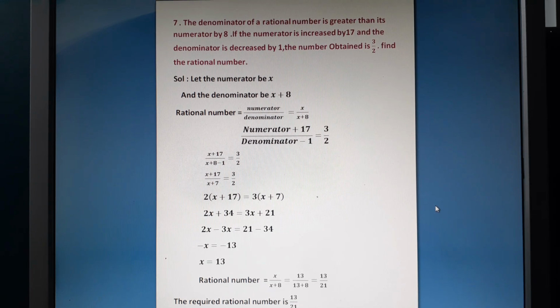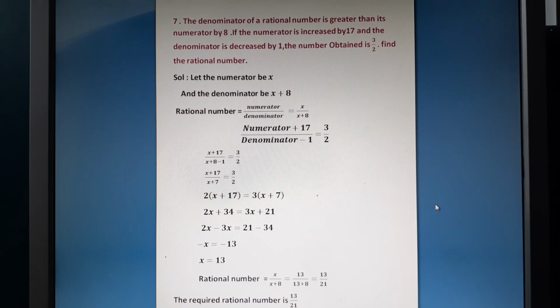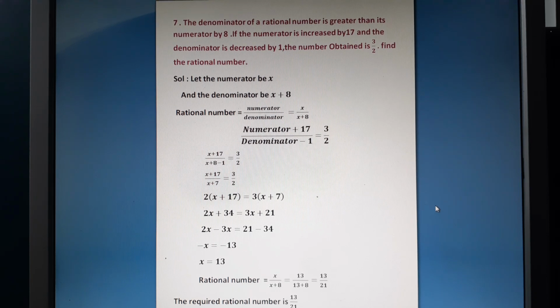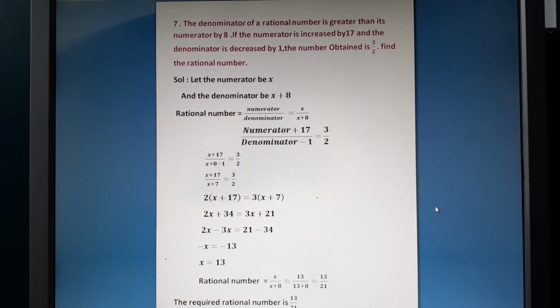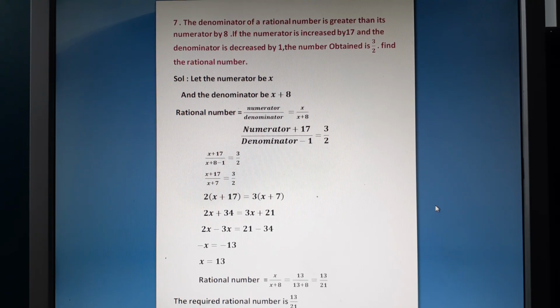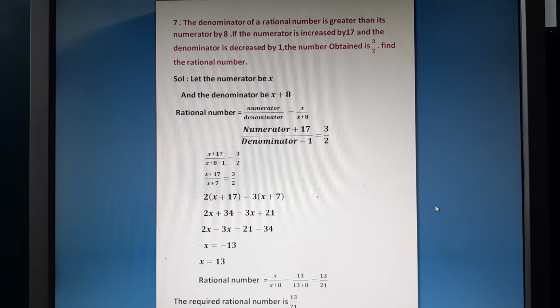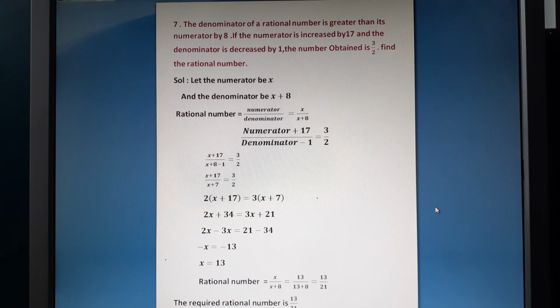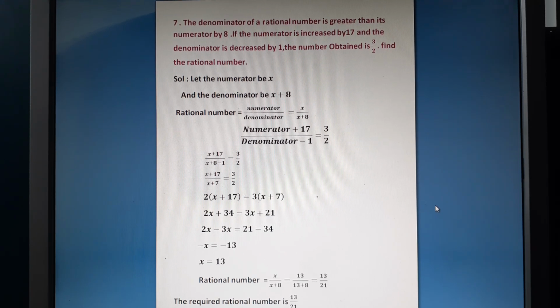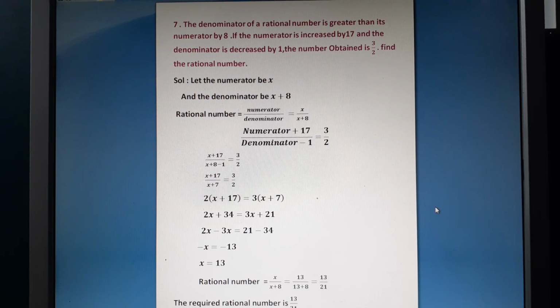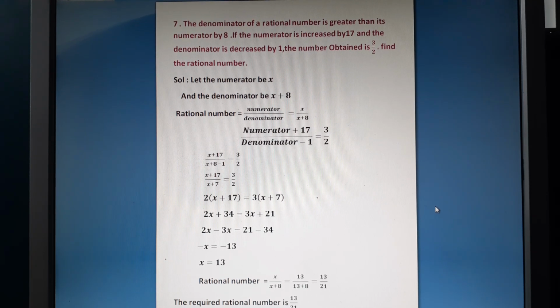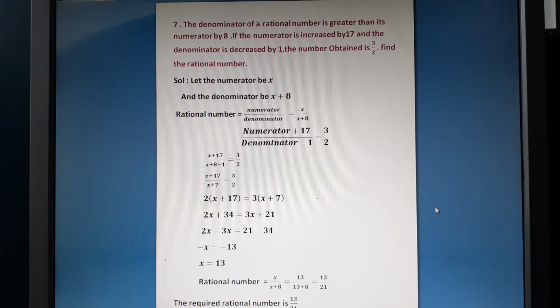According to the question, if the numerator is increased by 17 and the denominator is decreased by 1, after that, the number obtained is 3 by 2. So, numerator plus 17 divided by denominator minus 1 is equal to 3 by 2.